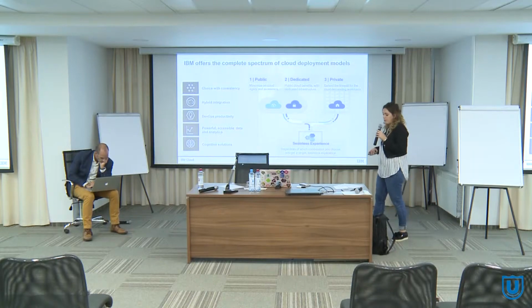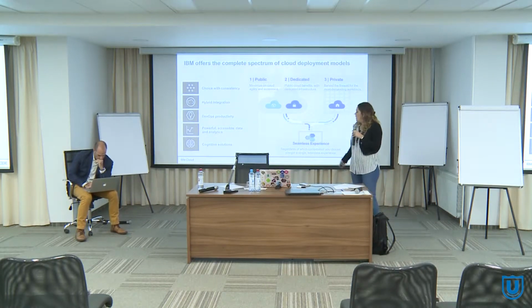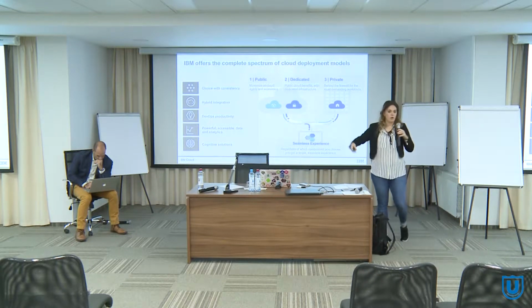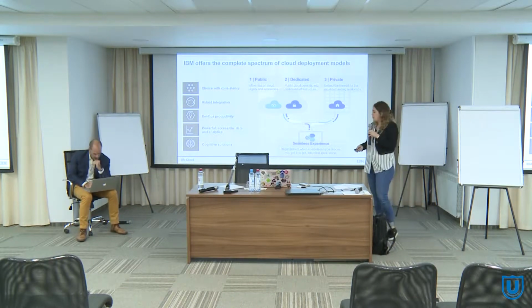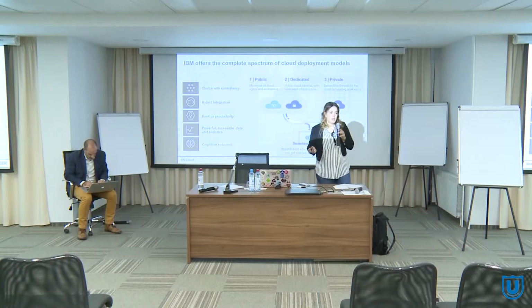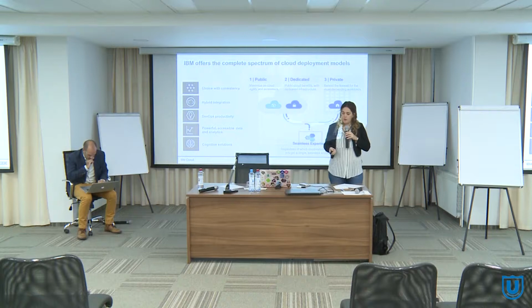We have many databases on cloud, many services for analytics. Hybrid integration. So if you combine public, on-premise, and other clouds as well, you can use IBM Cloud and also Amazon and also Google. You can combine different clouds. IBM Cloud is all based on open standards, just for that, to facilitate the integration and the hybrid integration.